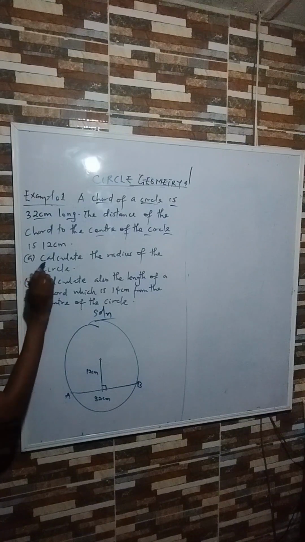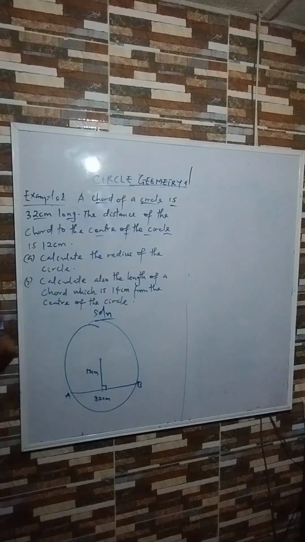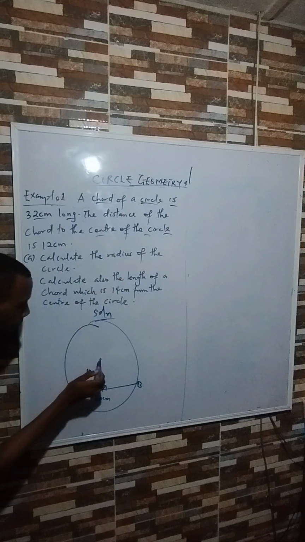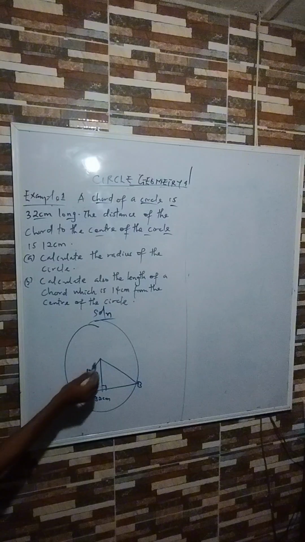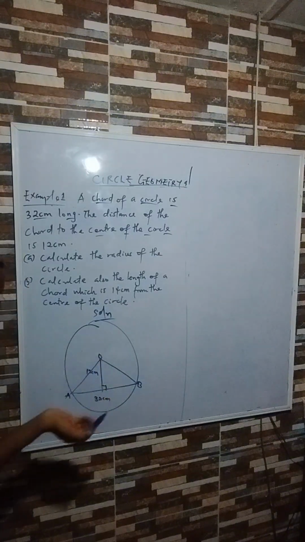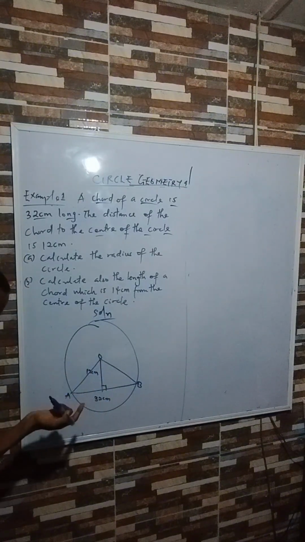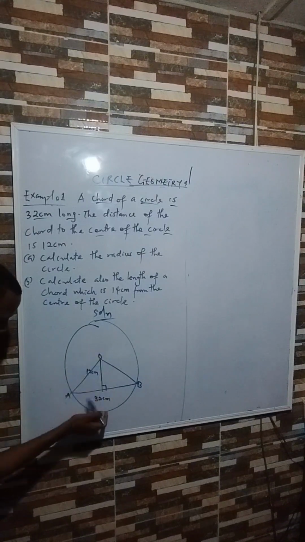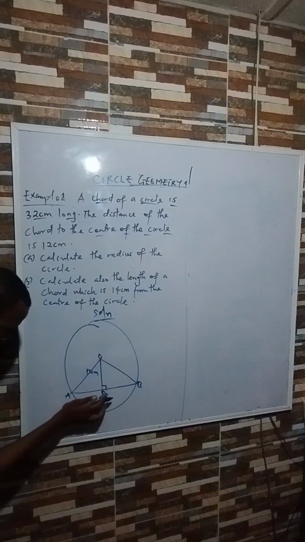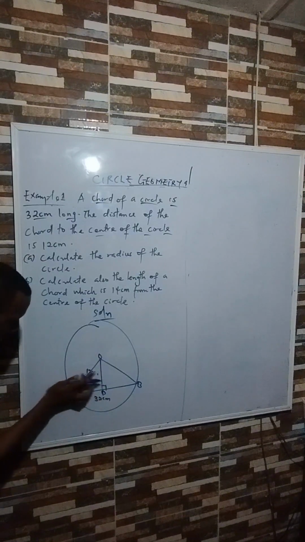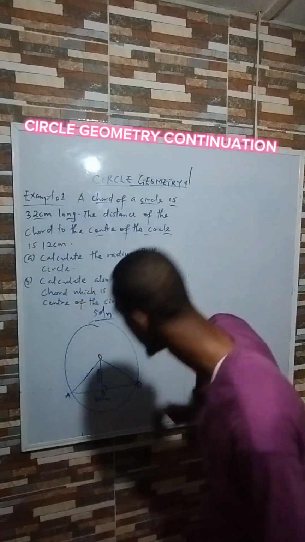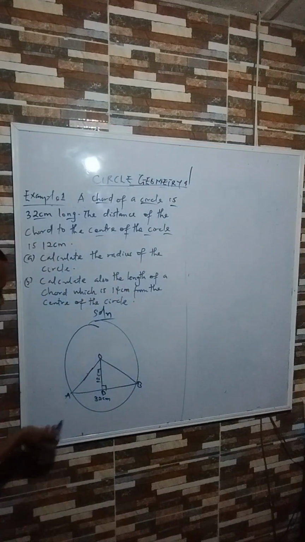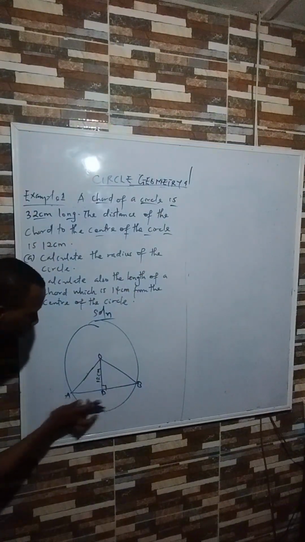So we are asked on the question to calculate the radius of the circle. To do that, I can just close up this one, then also close up this one. So the radius is the radius, this is also radius. So this is our O. Let's call this place D. If OD is 12 centimeters, I can just split this one.